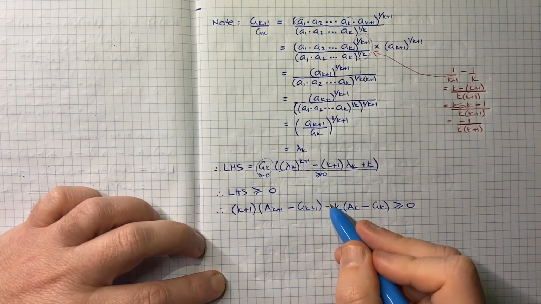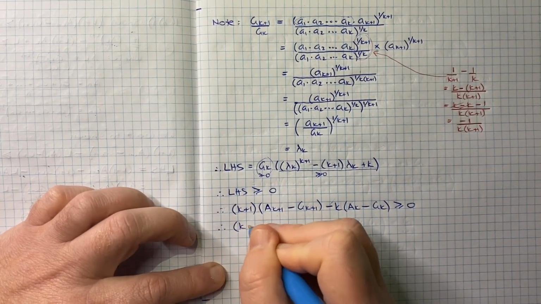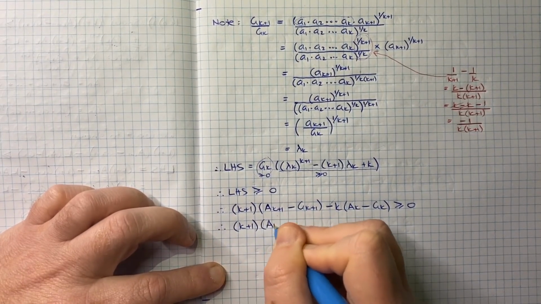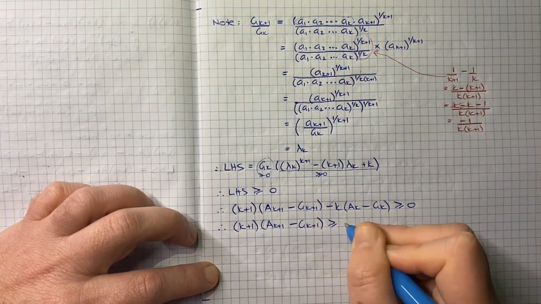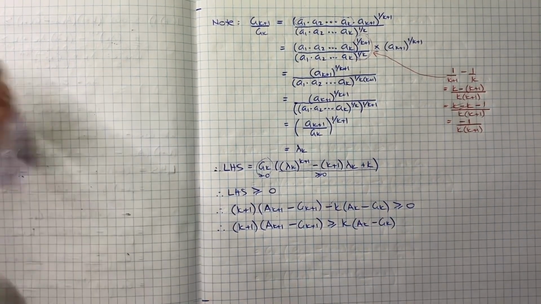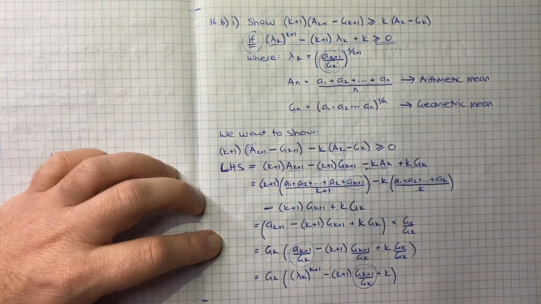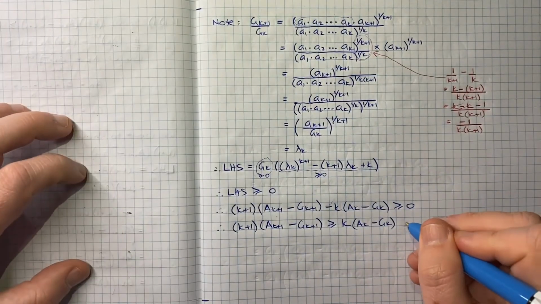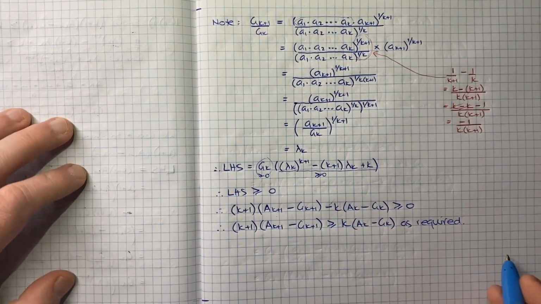And now we can bring this back over like how we started. So we can say, therefore, (k+1)(a(k+1) minus g(k+1)) is greater than or equal to k(ak minus gk). And that's the very inequality we were being asked to show. So that's as required. Sonic boom!